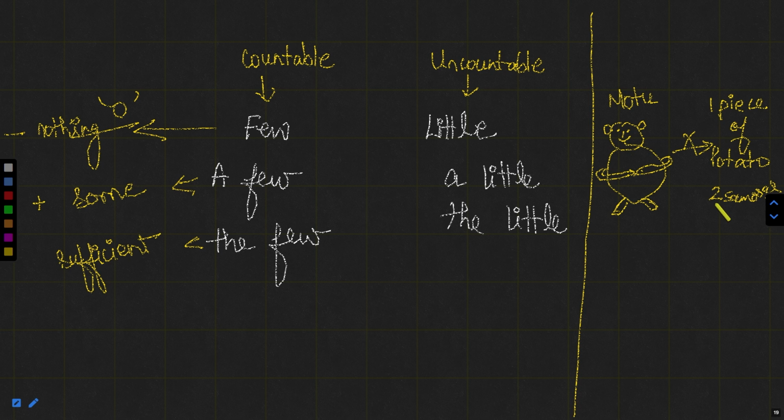That means some. So this a little or a few means some. It means that is in positive quantity. And then he went to another confectioner who gave him 5 samosas. Now he got a sufficient number of samosas as per his requirement, so that made his hunger satisfied, so that was sufficient.